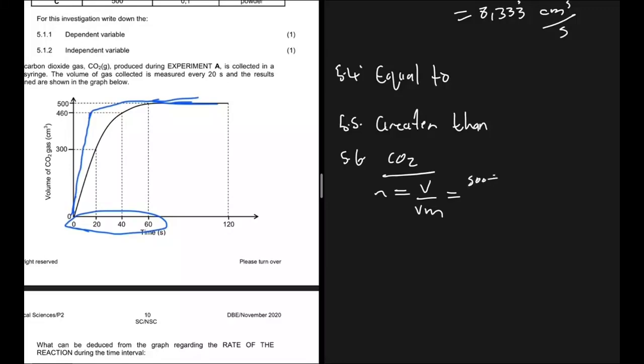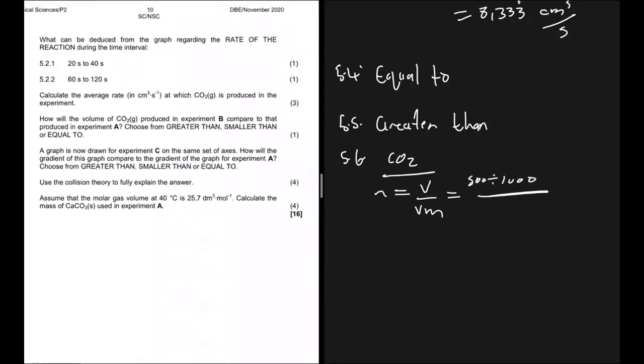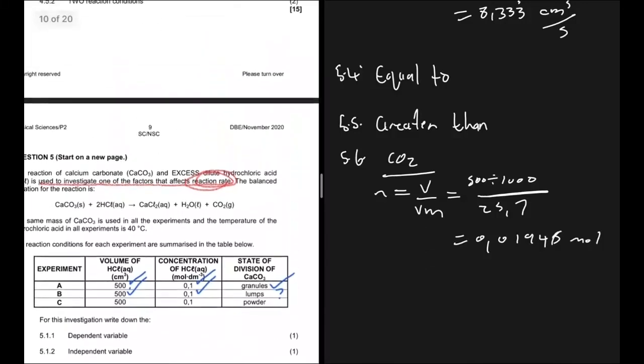So we're going to say 500 divided by 1000 to convert into decimeter cube, divided by 25.7, like we are told. So we have 0.5 divided by 25.7, which equals 0.01946 moles. So now let's go to our equation.